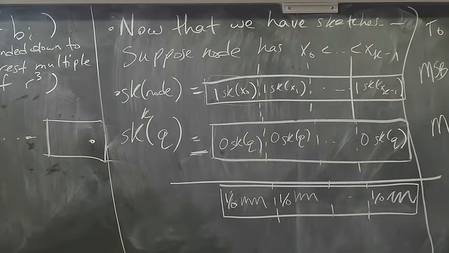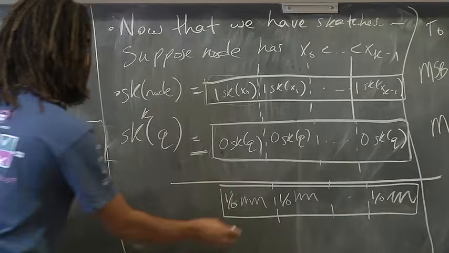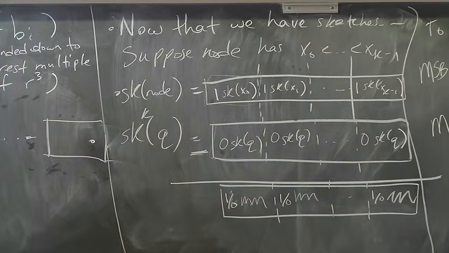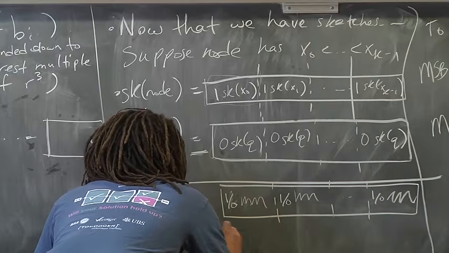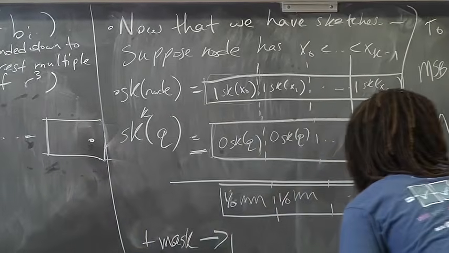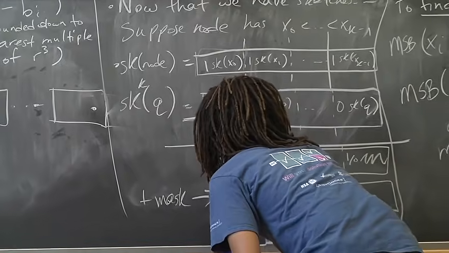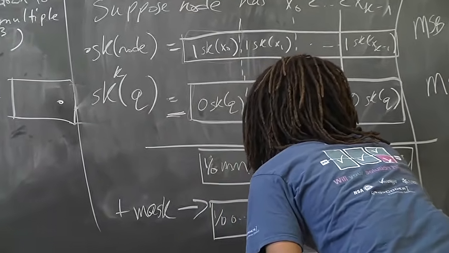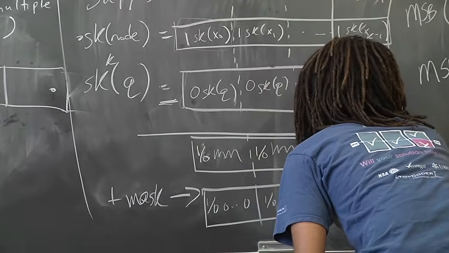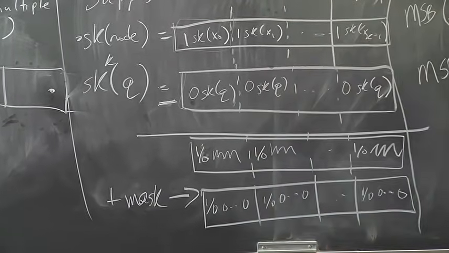And then I'm going to mask out all of these. I'll get a 1 or a 0 followed by zeros, a 1 or a 0 followed by zeros, and then a 1 or a 0 followed by zeros.